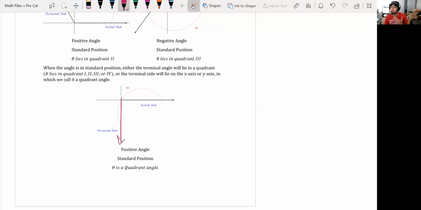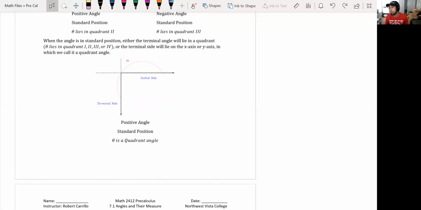The terminal side is on the y-axis, and that makes it a quadrant angle. All right, so those are definitions of what angles are, what type of angles you have, positive, negative, or even a positive quadrant angle. You can have a negative quadrant angle as well.